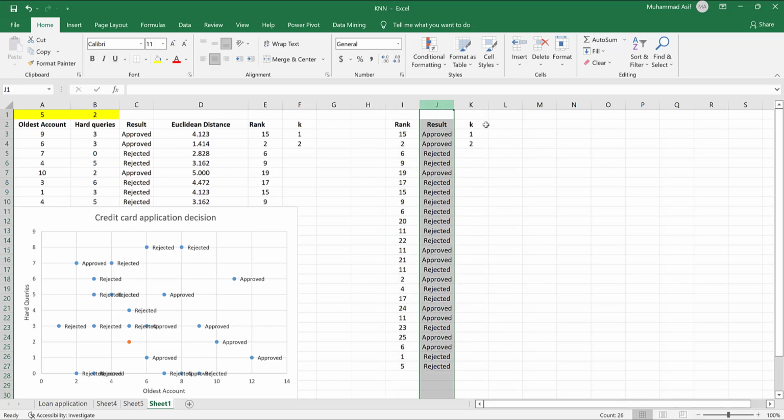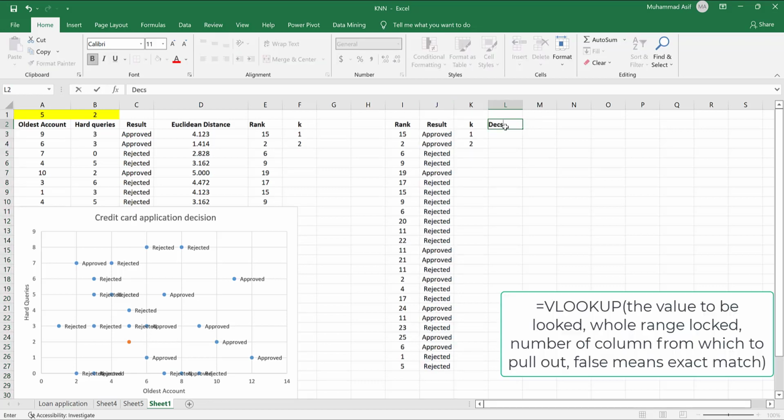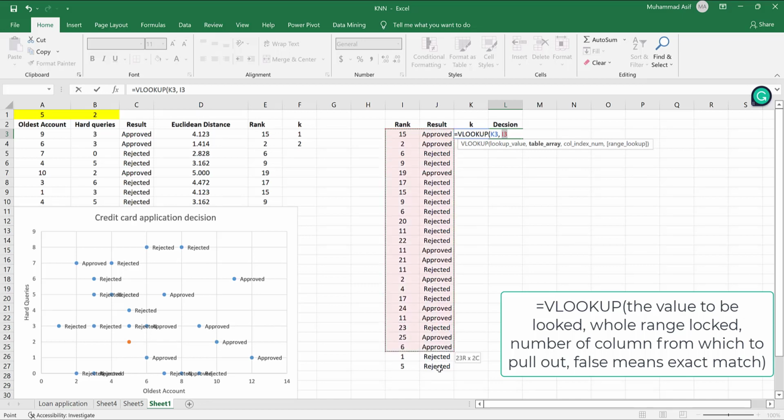And over here we can say our decision, and we will use the VLOOKUP function, and in VLOOKUP we want this value of k3, and we want to look in this table, and I will lock it with F4, and I want to pull out the results from the second column, that's the results column.